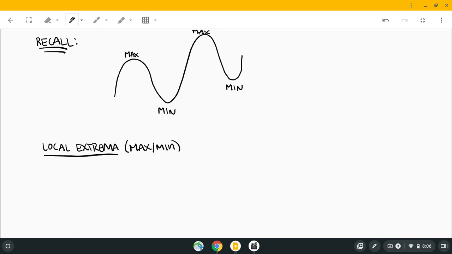Okay, and it turns out that if your polynomial is, I'm going to write it the fancy way with a bunch of A's, plus a naught, is a polynomial.